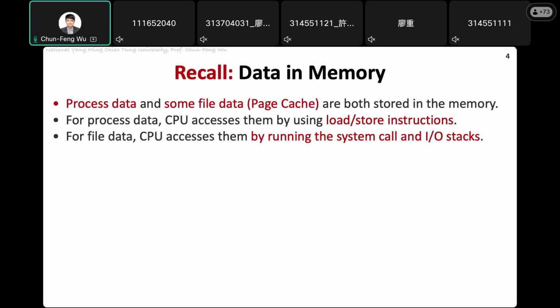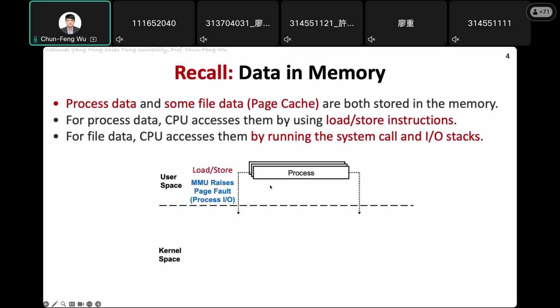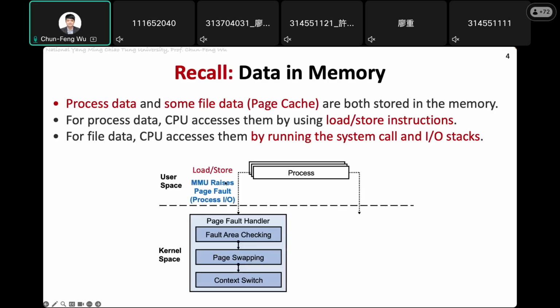Okay, because when the CPU is running a process and is going to access memory, it uses load or store instructions to interact with the memory.